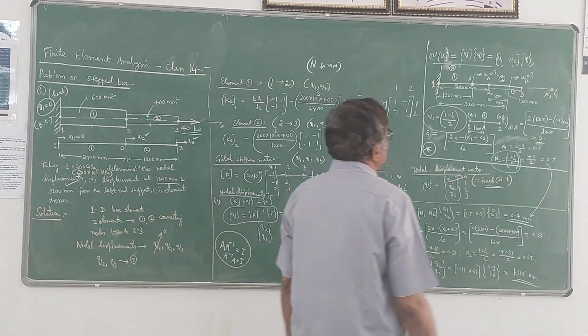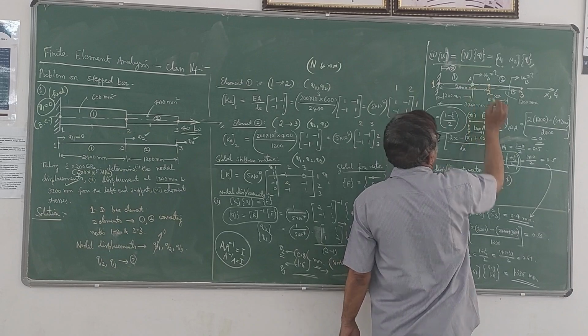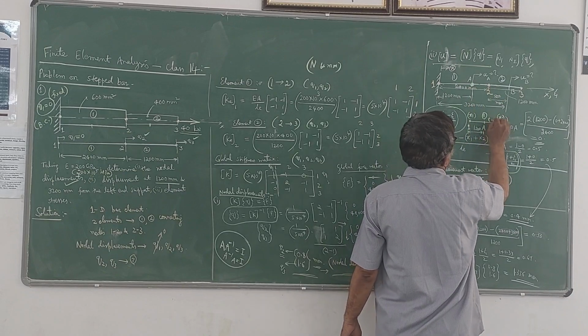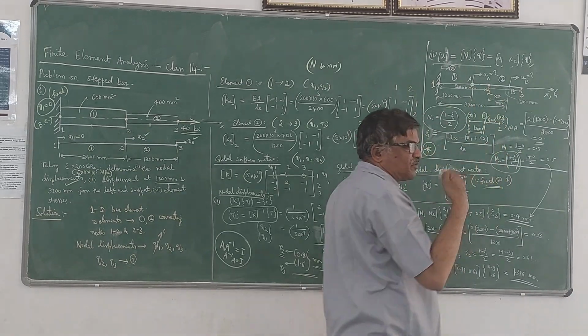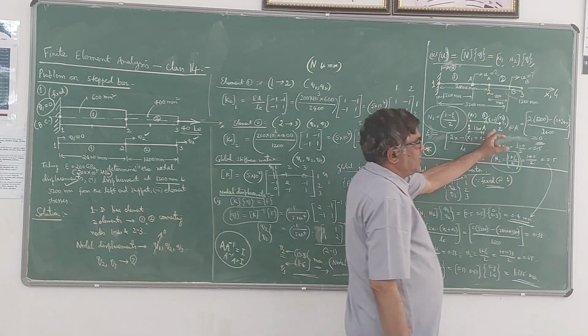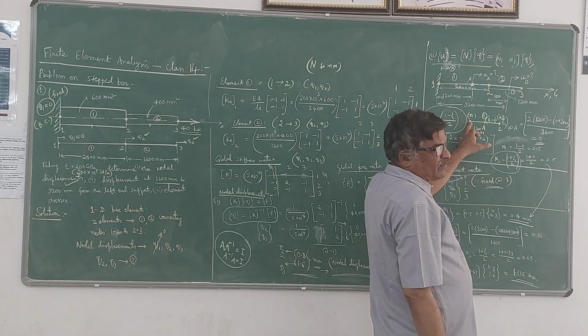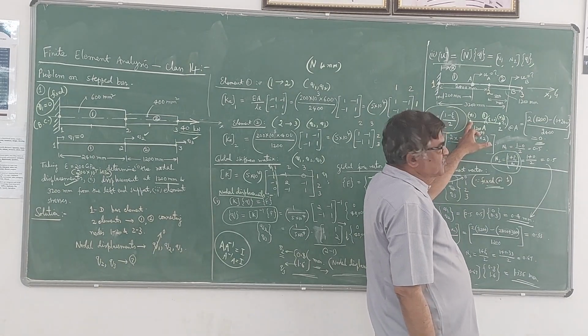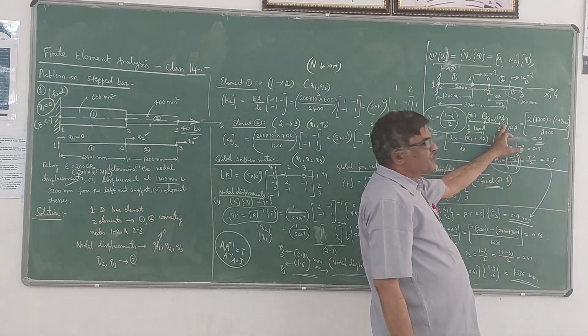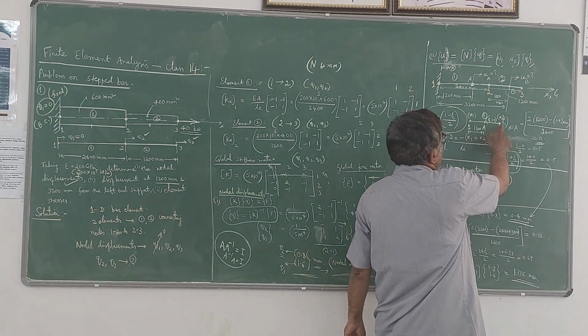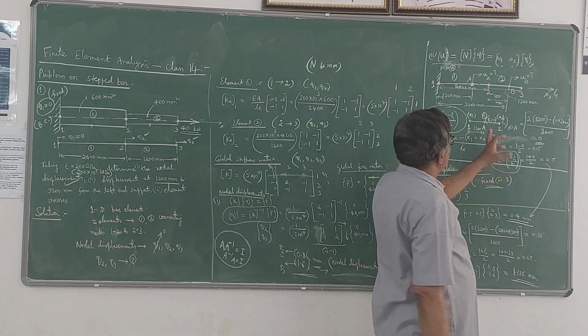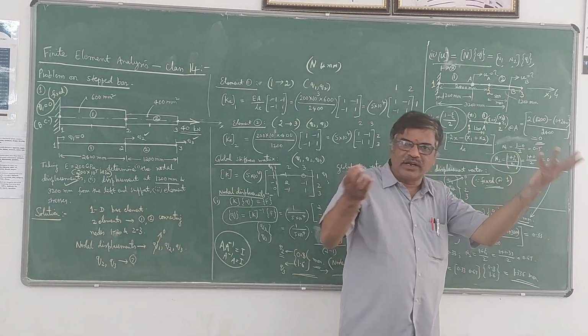Therefore, zeta becomes 0 at A. Naturally, because if you observe the earlier video, in a two node bar element, at the left hand node zeta will be minus 1, at the right hand node zeta will be plus 1. Of course, here A is the midpoint because total is 2400, midpoint is 1200, naturally zeta will be 0.